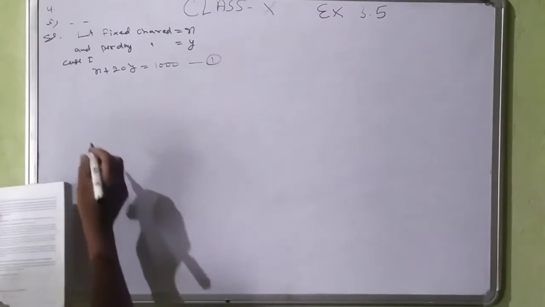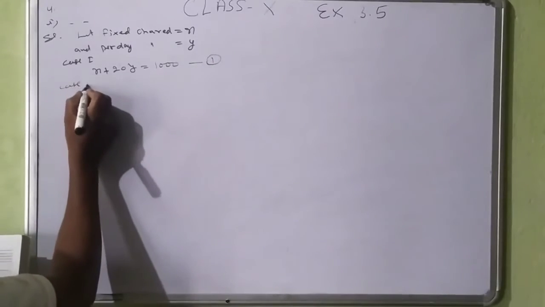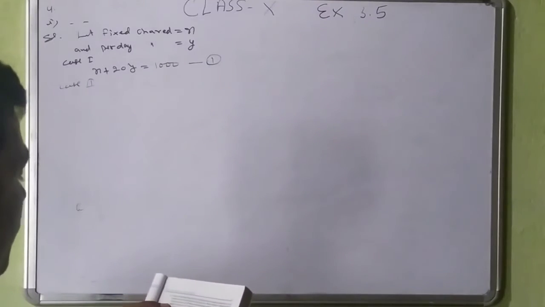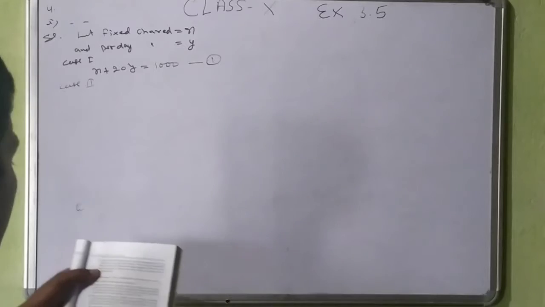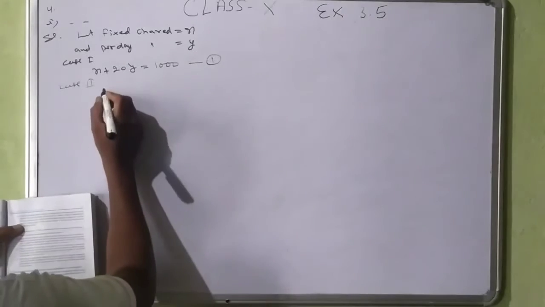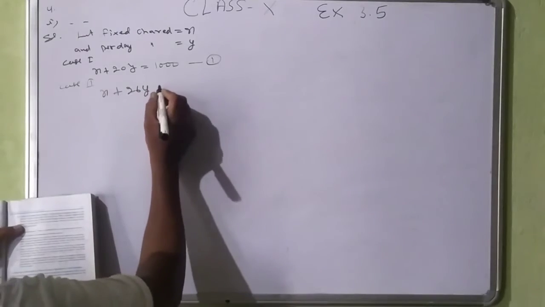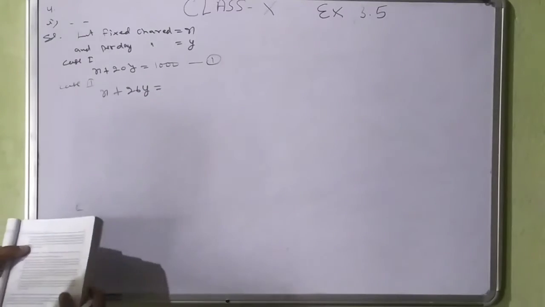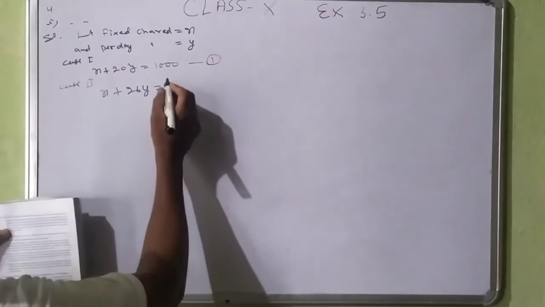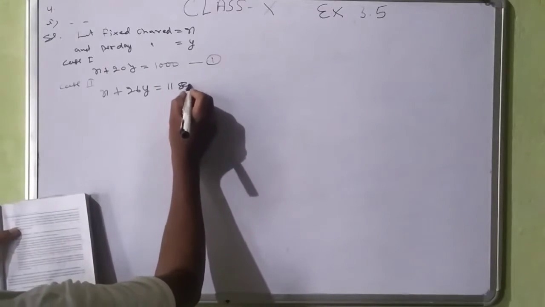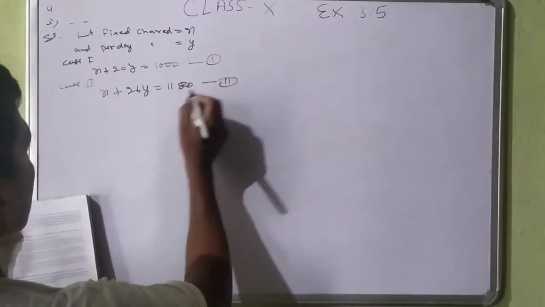This is the first equation. Case second: now B has a fixed charge x and is taking 26 days, so that is 1180 rupees. That is the second equation.